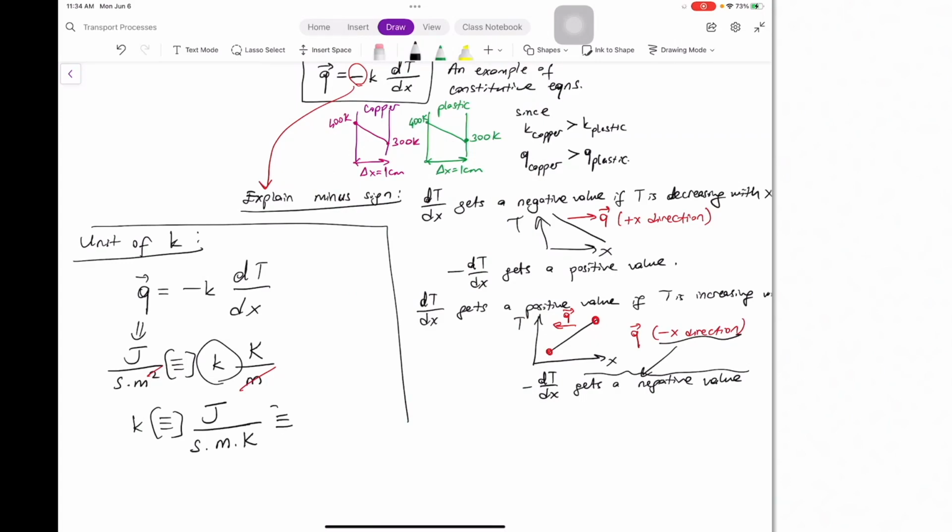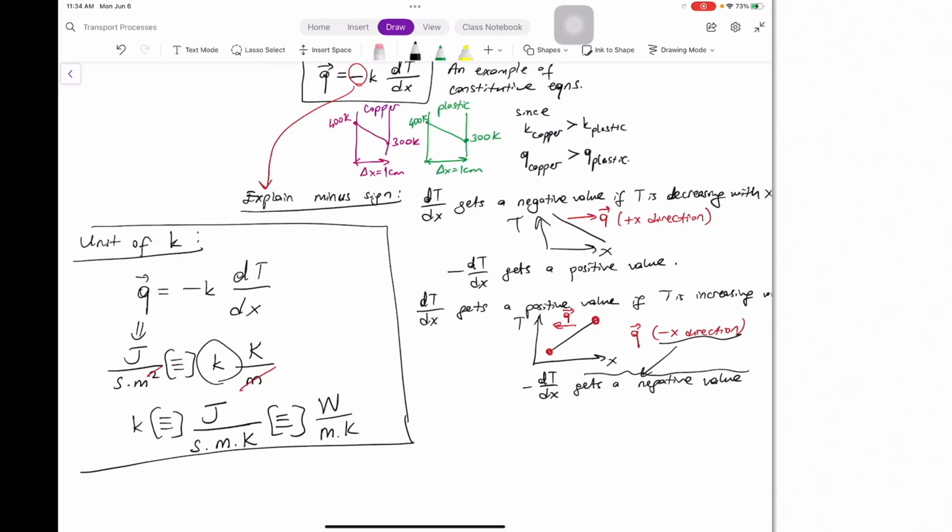In other words, if you combine joules and divide by seconds, it's watt per meter Kelvin. Okay, that's the unit for the conductivity. Good.